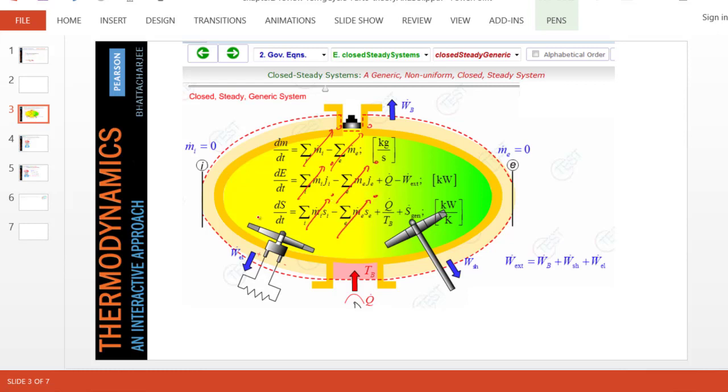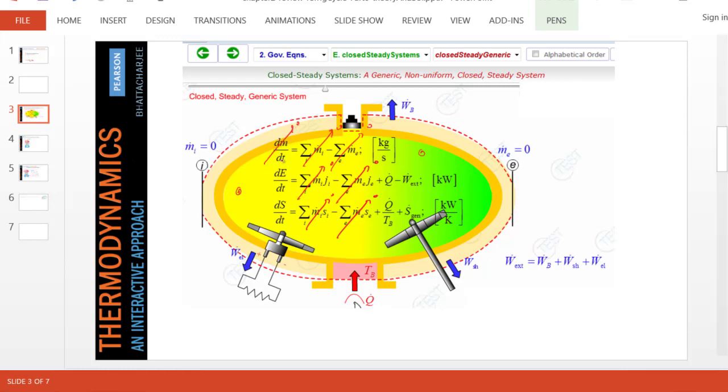And steady means the picture of the system doesn't change with time. A hot spot remains hot, a cold spot remains cold forever. And therefore, if the picture at each little local system doesn't change, the aggregate of them does not change, which means the total mass of the system, total stored energy, or entropy, don't change.